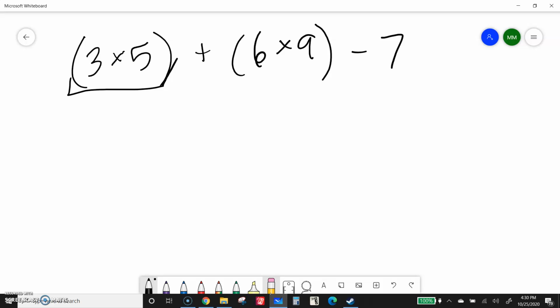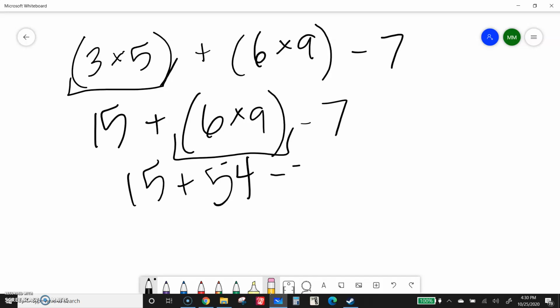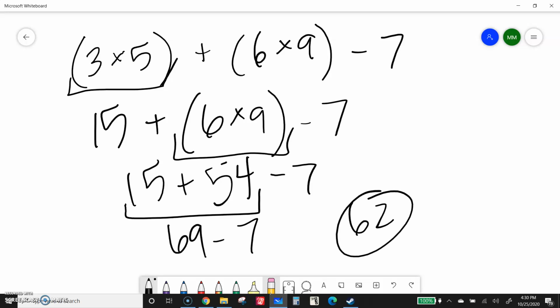It really doesn't matter because I'll do 15 plus 6 times 9, 7. Then I'll do this parentheses. If you happen to do them in the other order, it really actually won't end up making a difference as long as you do those parentheses before you do other things. So then I have my adding. That would be 69 minus 7 is 62.